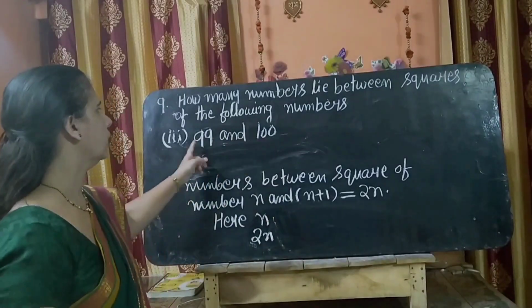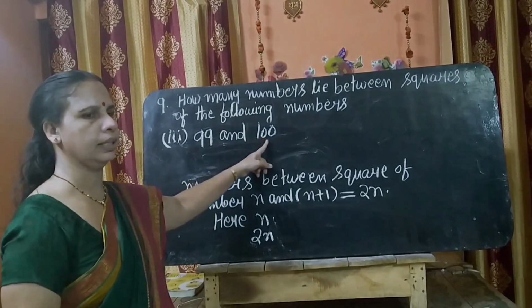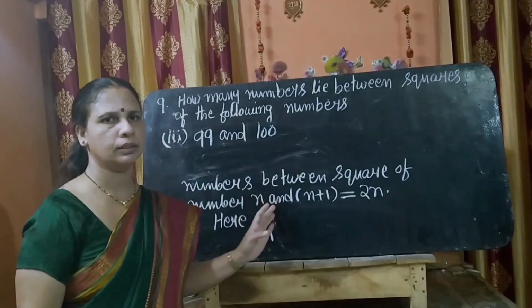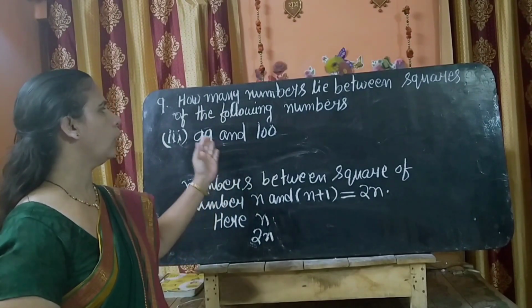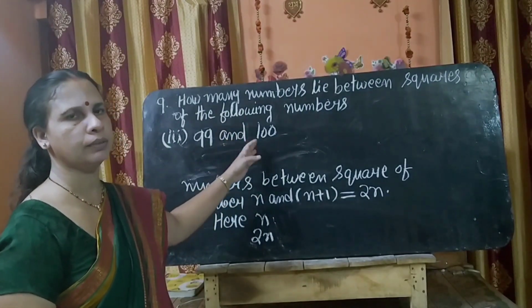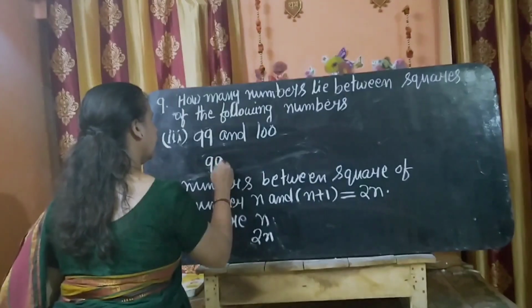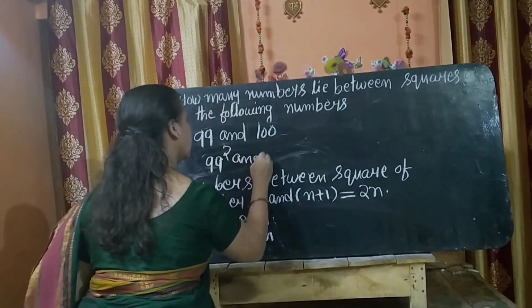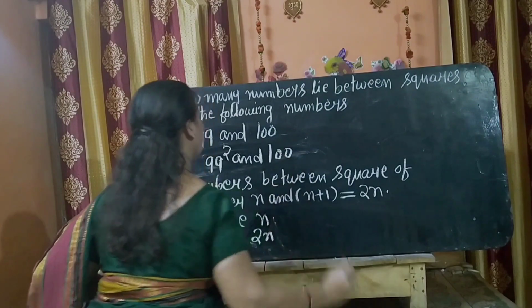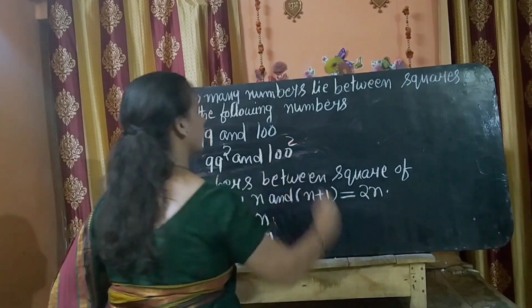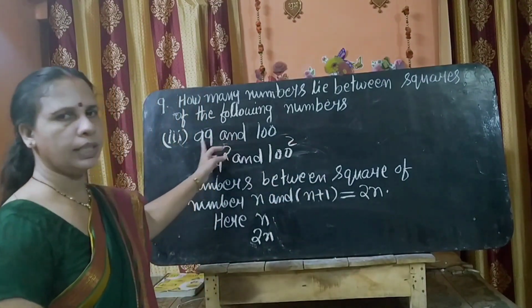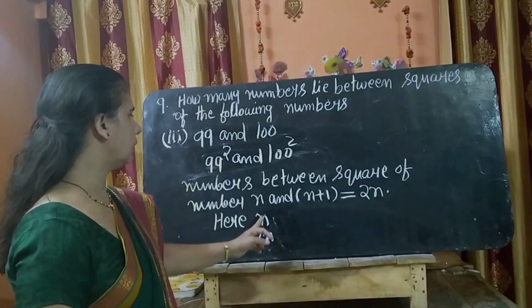Third question is 99 and 100. We have to find out how many numbers lie between the squares of these two numbers, that is 99 square and 100 square. Here n equals 99.